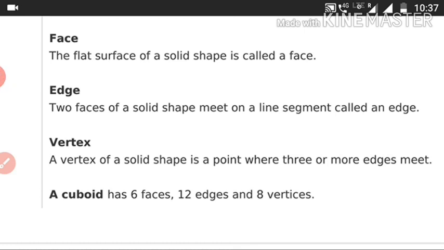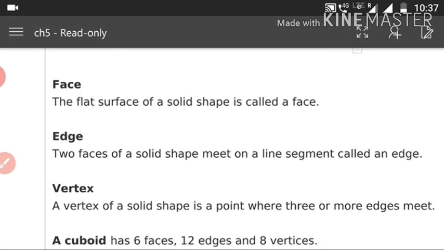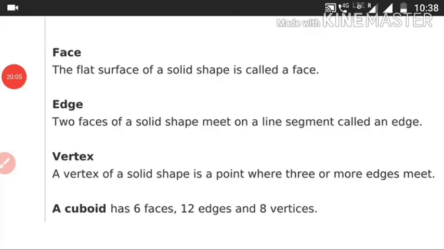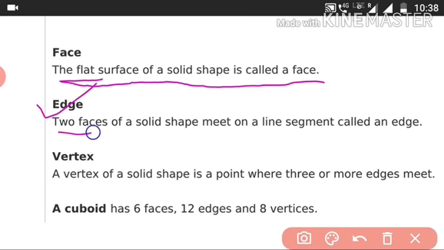Now face. In three dimensions there is a face. The flat surface of a solid shape is called a face. For any solid figure, the flat surface is called a face. Now edge. Two faces of a solid shape meet on a line segment called an edge.